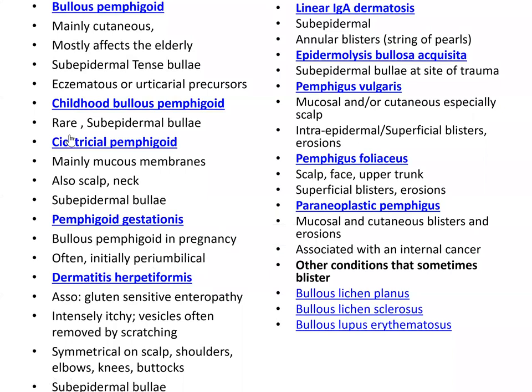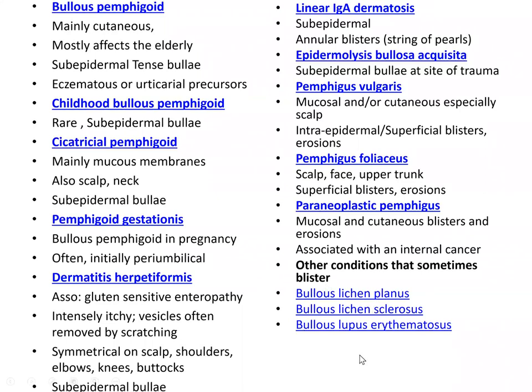So I think you can leisurely go through this slide when you are studying to compare these disease entities. There are other conditions which are not considered as blistering diseases, but dermatological diseases which may have blisters. For example, bullous lichen planus.